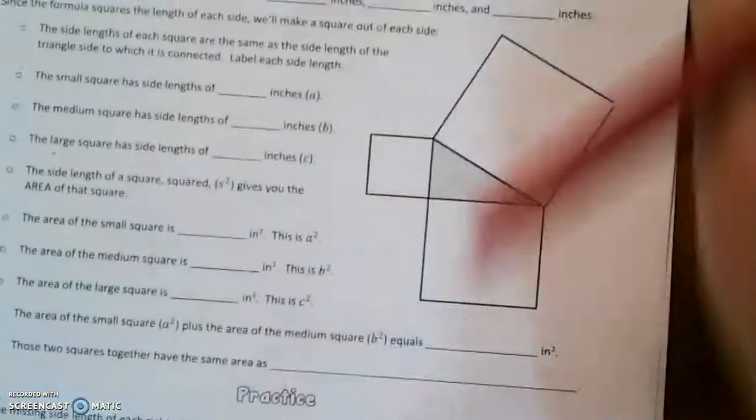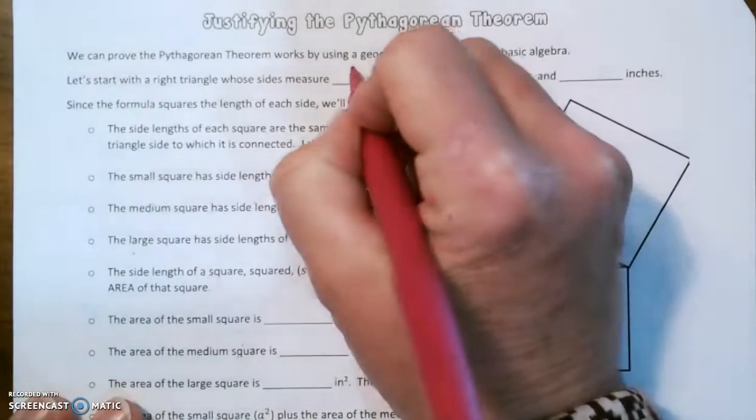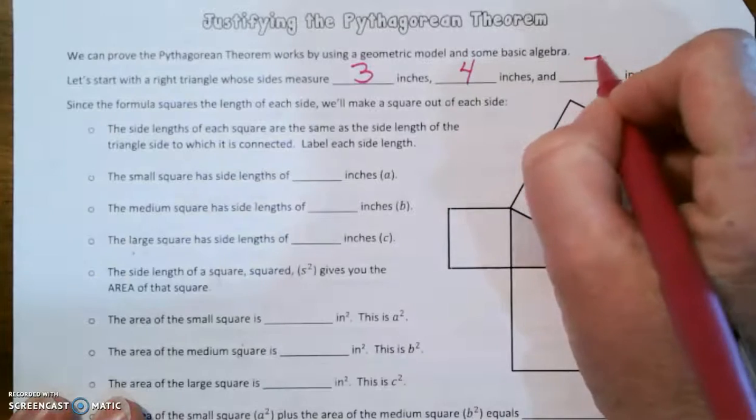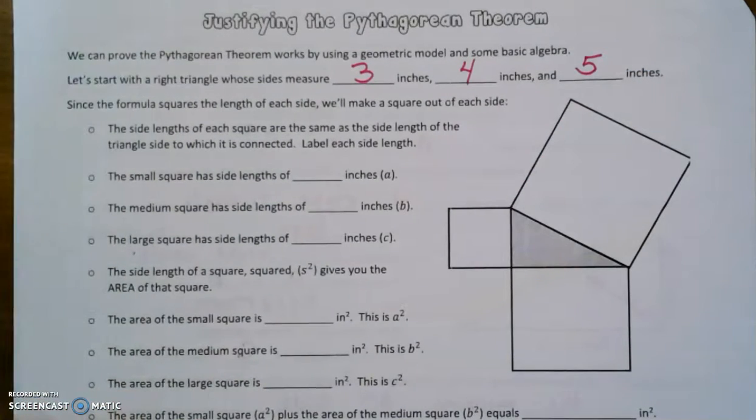Yesterday, I hinted a little bit about this particular drawing about the Pythagorean theorem. So let's go ahead and use that 3, 4, 5 Pythagorean triplet. So if one side is 3, one side is 4, and the hypotenuse is 5, how does this work?